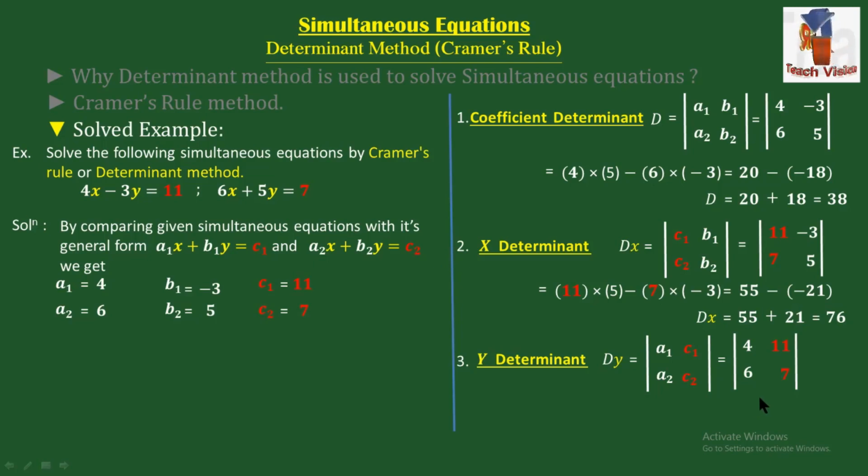Then calculate the value of this determinant: 4 into 7 minus 6 into 11 gives 28 minus 66, and therefore the value of Dy is minus 38. This is the value of Dy.